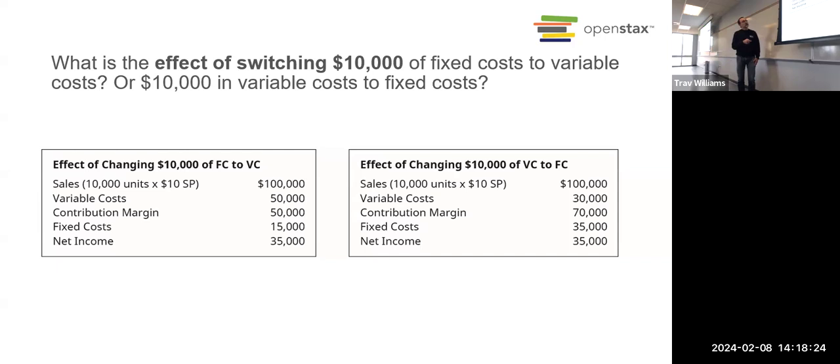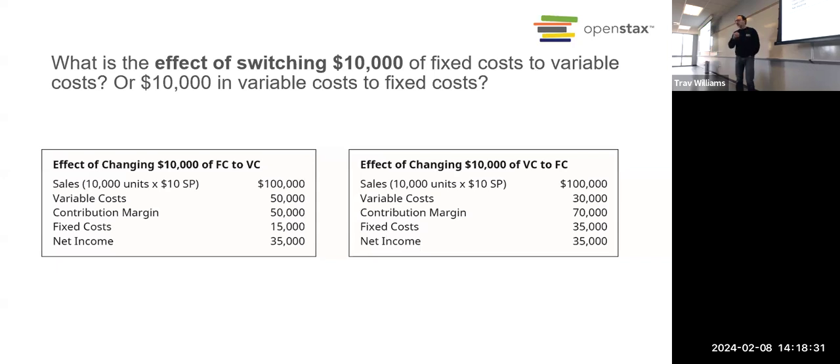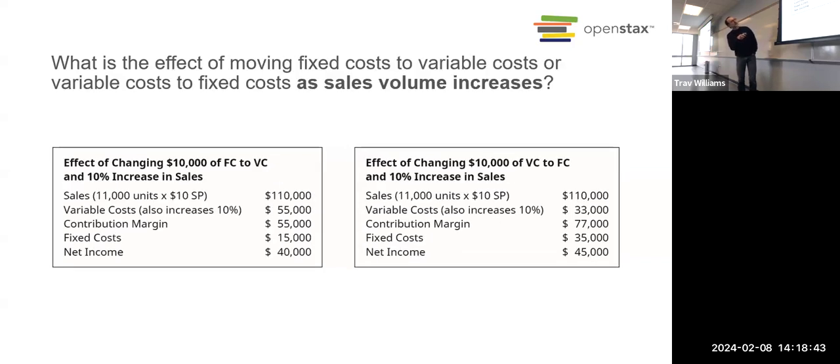Okay? So let's see how it actually works here. Those last two examples where they shifted between variable and fixed costs, right? They shifted one way over here where fixed costs went down and another way here where fixed costs went up, right? So what if there was a change in sales, a 10% change in sales?